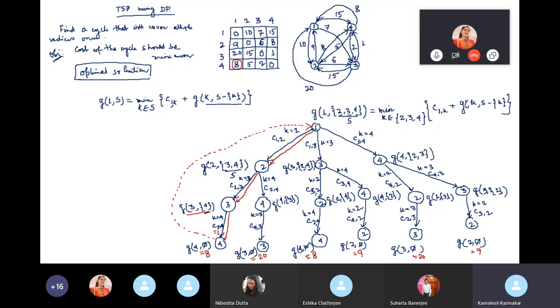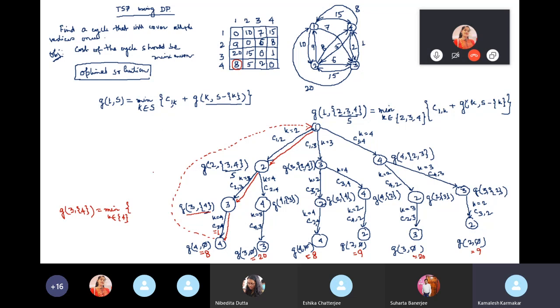So how is it being expanded from G34? Let us expand this. If we consider G3, set is 4. How have we expanded this? We have to find the minimum over K, where K belongs to this set 4. So put this function. Here K equals 4, there is no more choice.